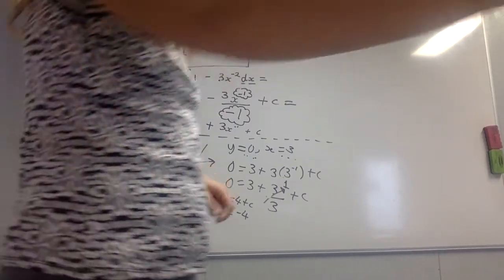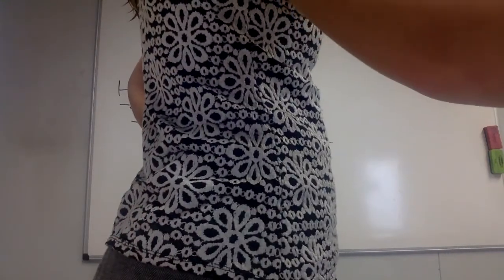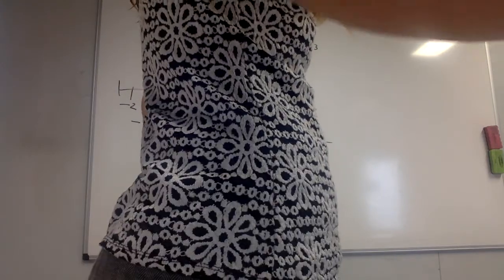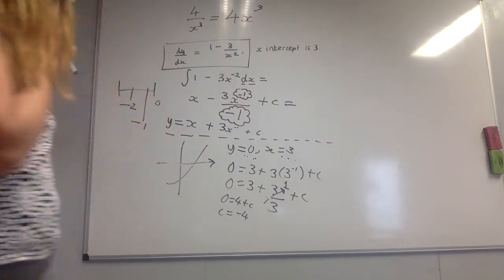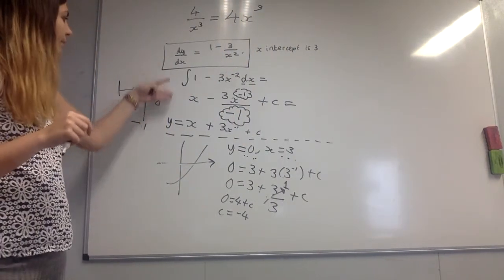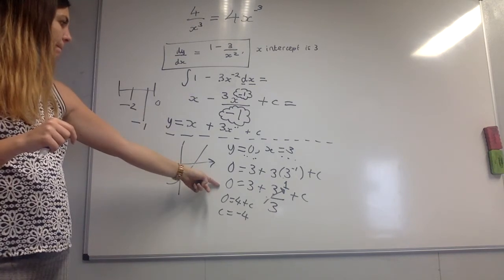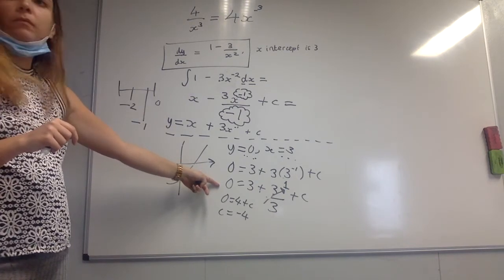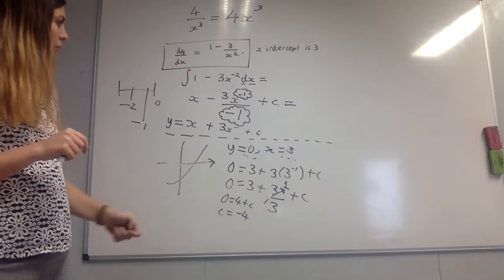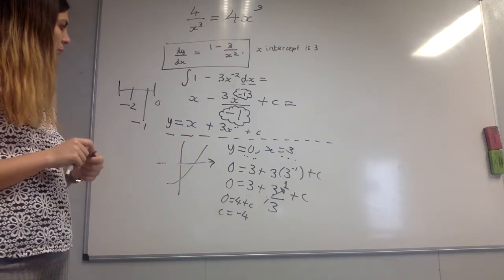Right, in the chat, I'd like you to write whether you found that helpful or not helpful, or whether you understood or not. I got x plus 3 over x minus 4. Which part? The end part. I got that at the end. This bit? No, but in the full thing it's x plus 3 over x, because you had 2 x's before.